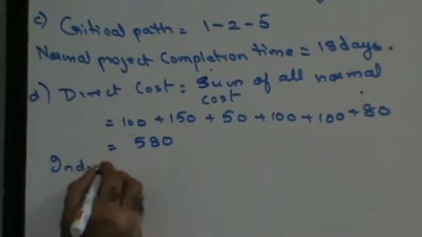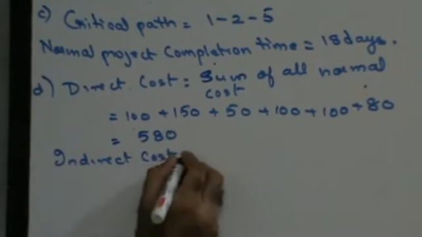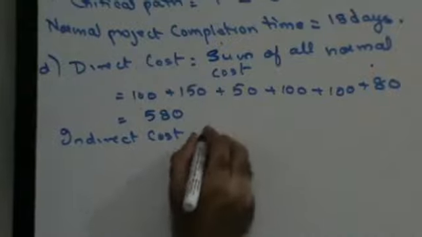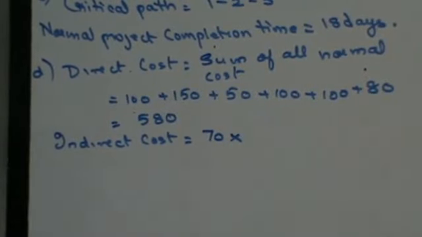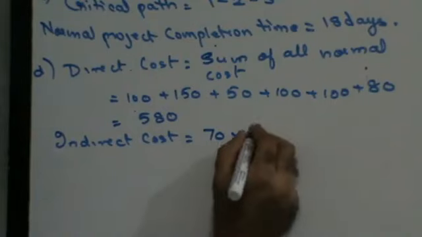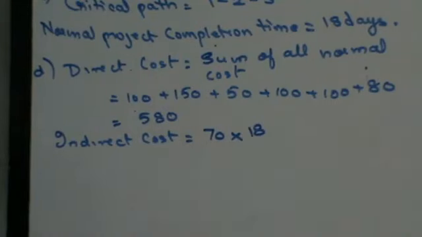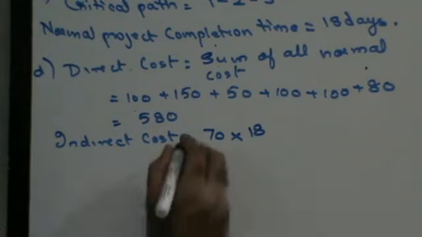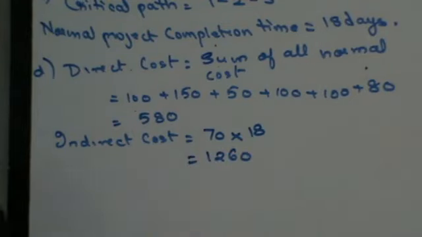Indirect cost. Indirect cost is given to you as 70 rupees per day, and my critical path is 1 to 5, and my project completion time is 18 days. 70 rupees per day, so for 18 days, this is going to be 1260.